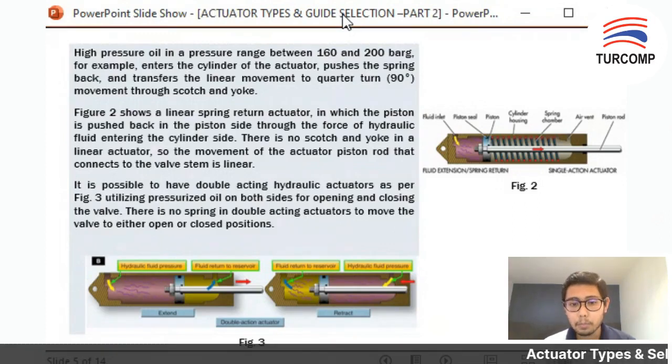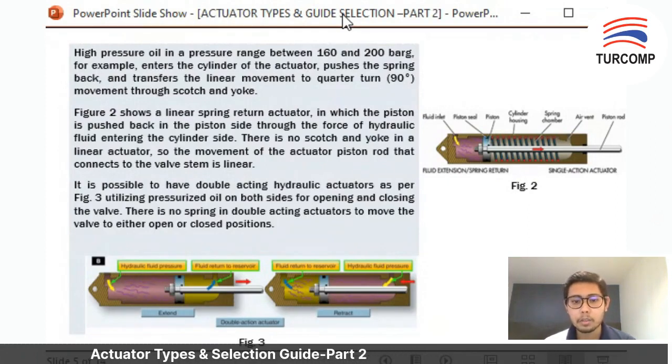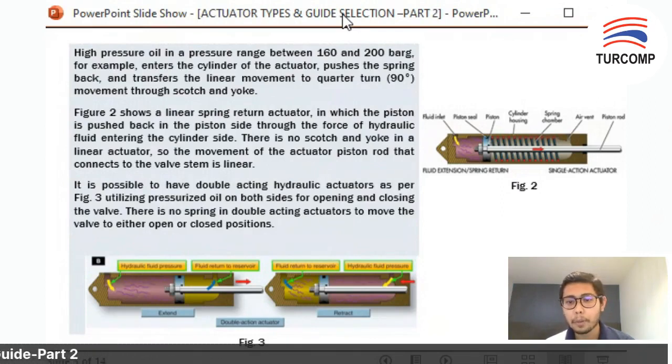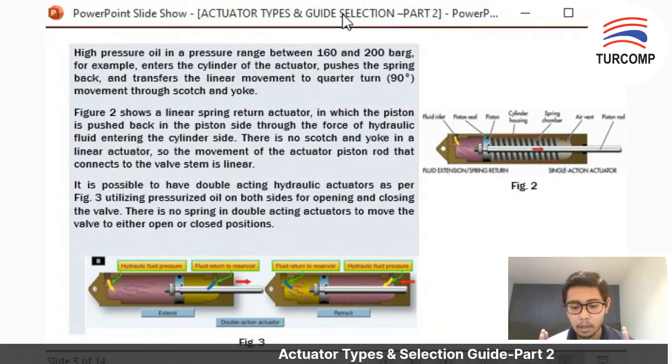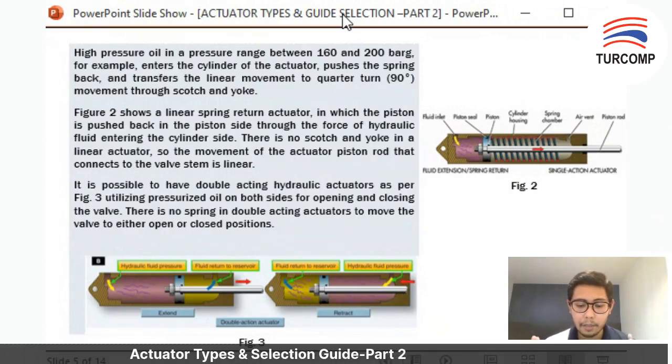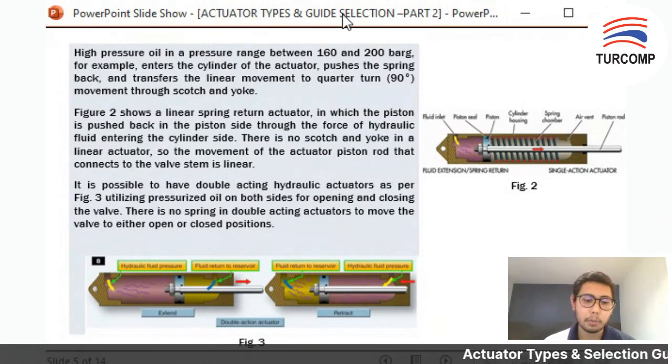It is possible to have double acting also for a hydraulic actuator, as per figure 3, utilizing pressurized oil on both sides for opening and closing the valve. There is no spring needed in double acting as both sides are controlled by the hydraulic fluid for the open or close position.